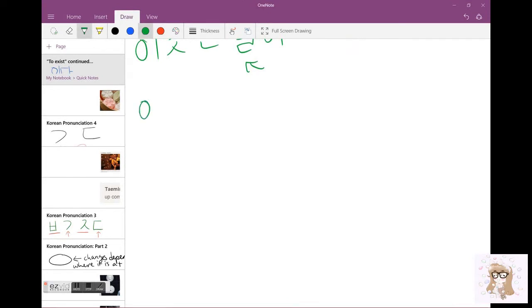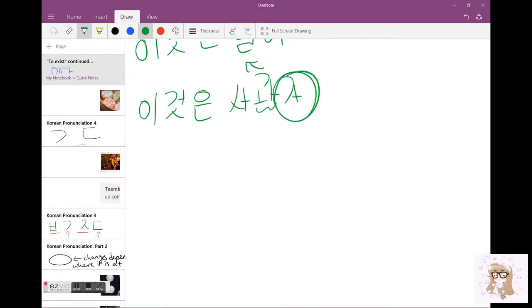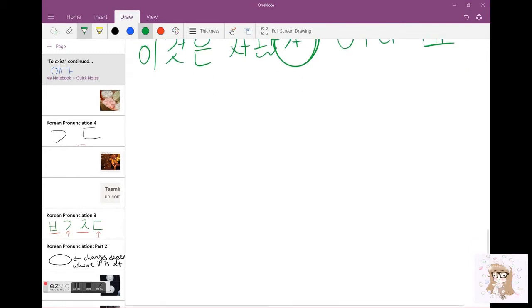I'll use the other example for apple because then you change the ending. So 이것은 사과. Sorry, my handwriting. 사과가. Here I put ga because this is a vowel. 사과가 아니에요. This is not an apple.